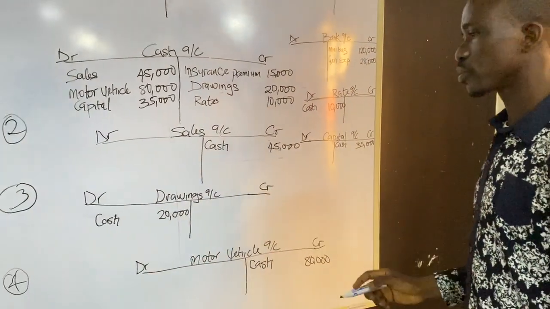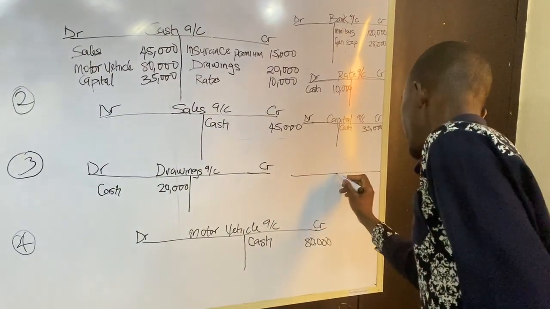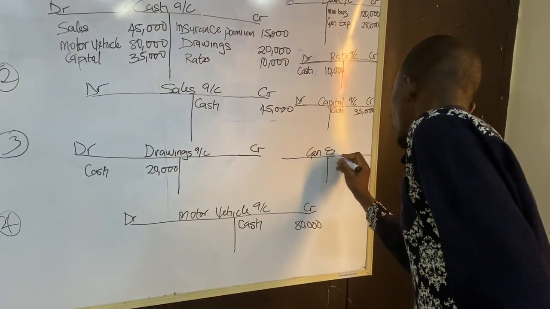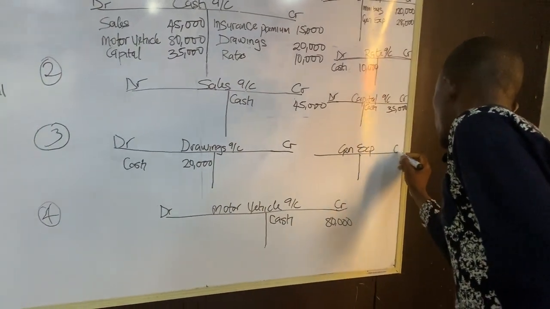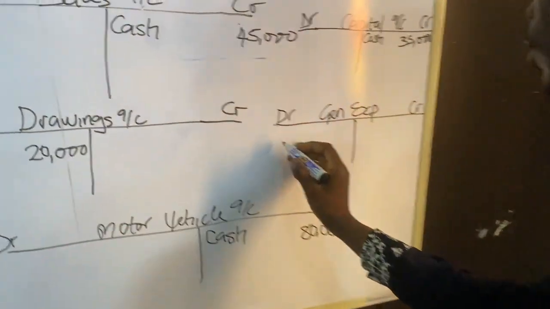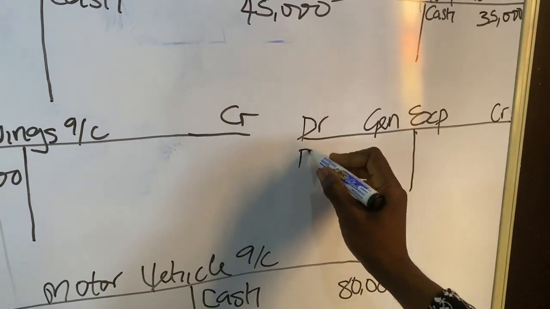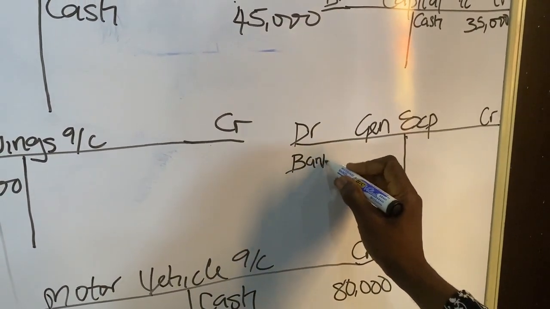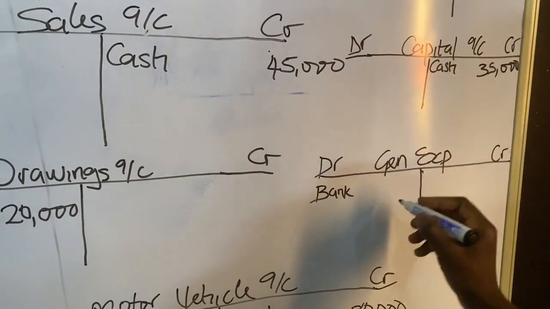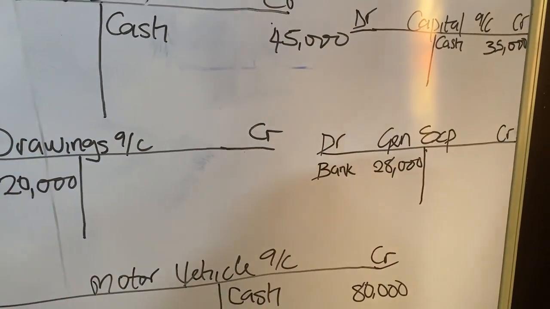While you open the general expenses account, it has increased in value. As bank, 28,000 naira.